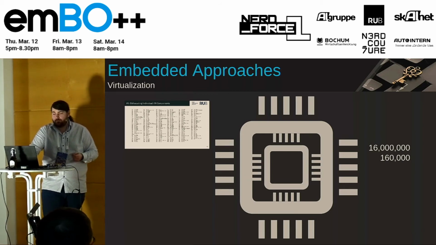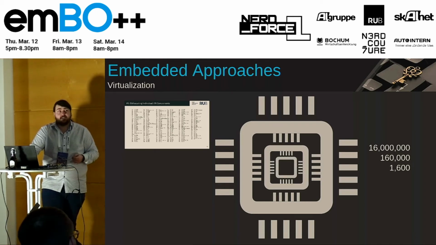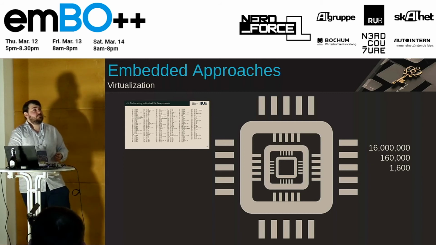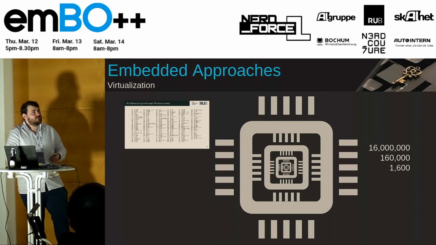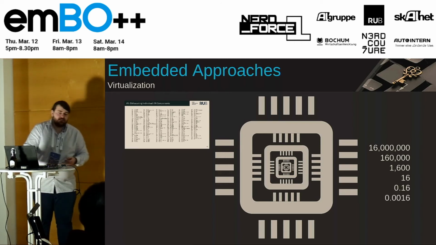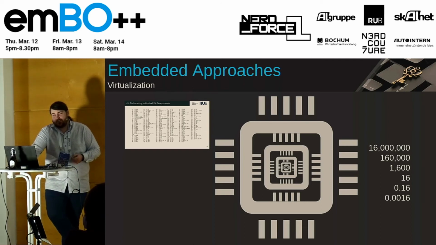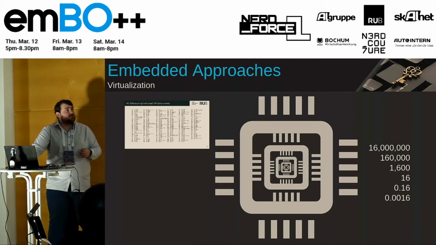Yeah, it's okay, you can work with it, but on the second layer, suddenly you have only 1,600 instructions. This is already nearly impractical. And of course, if you go deeper even further, at some point you start needing a decimal point, and you won't get anything done. And this is the biggest problem on embedded devices. You just don't have the performance to implement something like that.